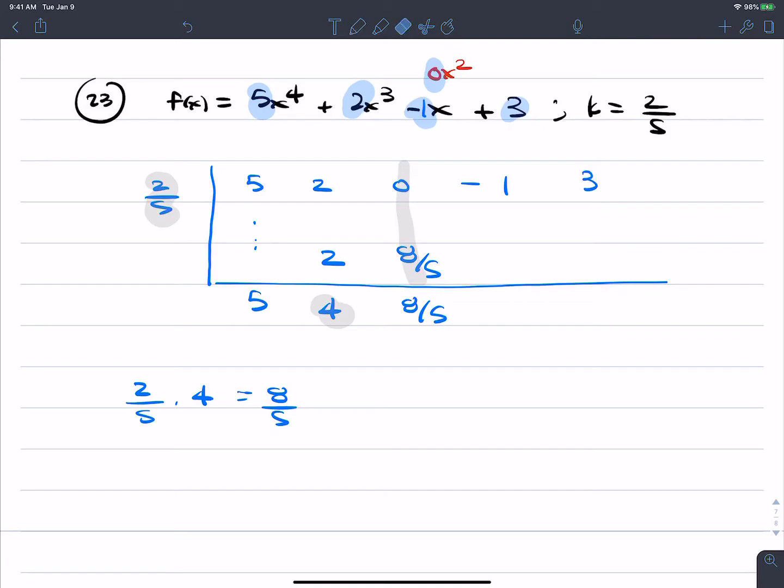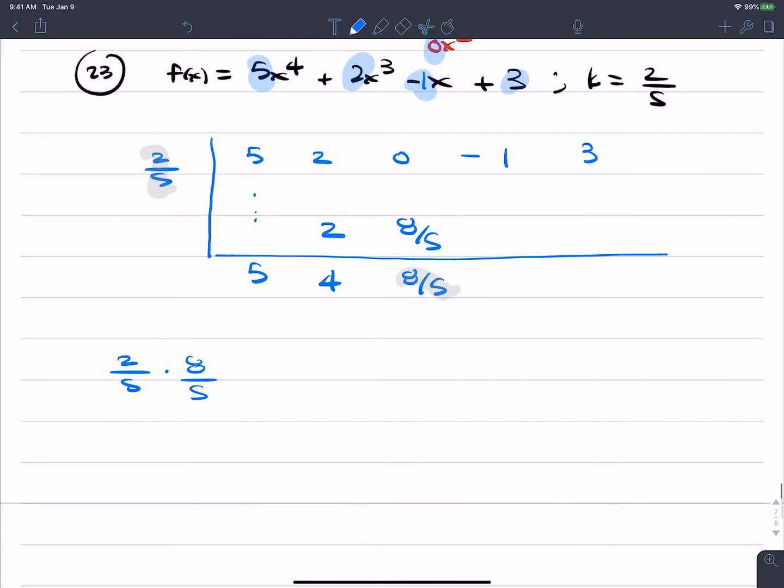So this is the arithmetic. When you repeat the process now, 2/5 times 8/5. How do we multiply? Horizontally across, we get 16 over 25. That answer goes here.